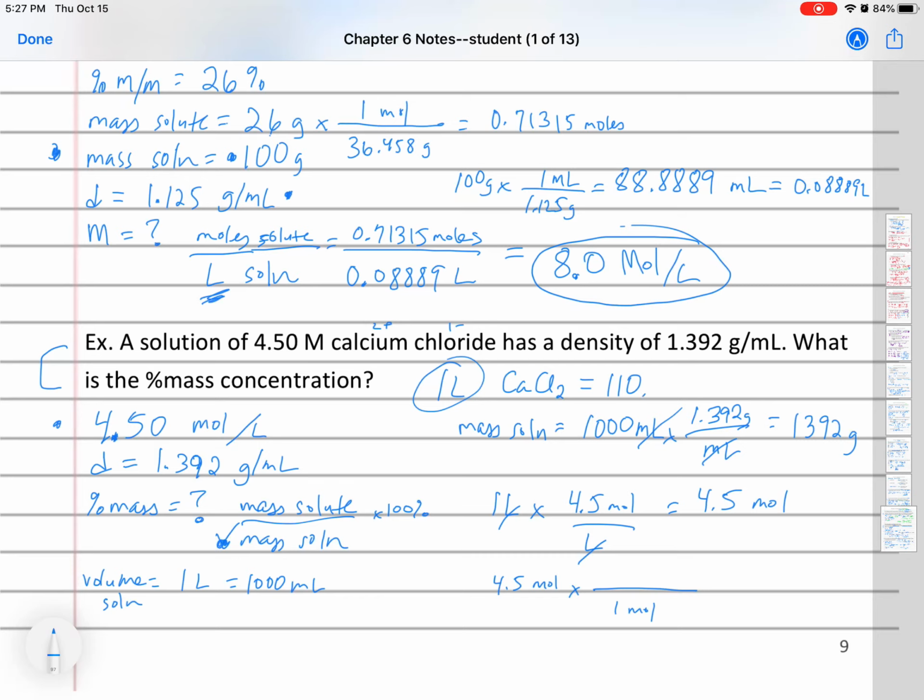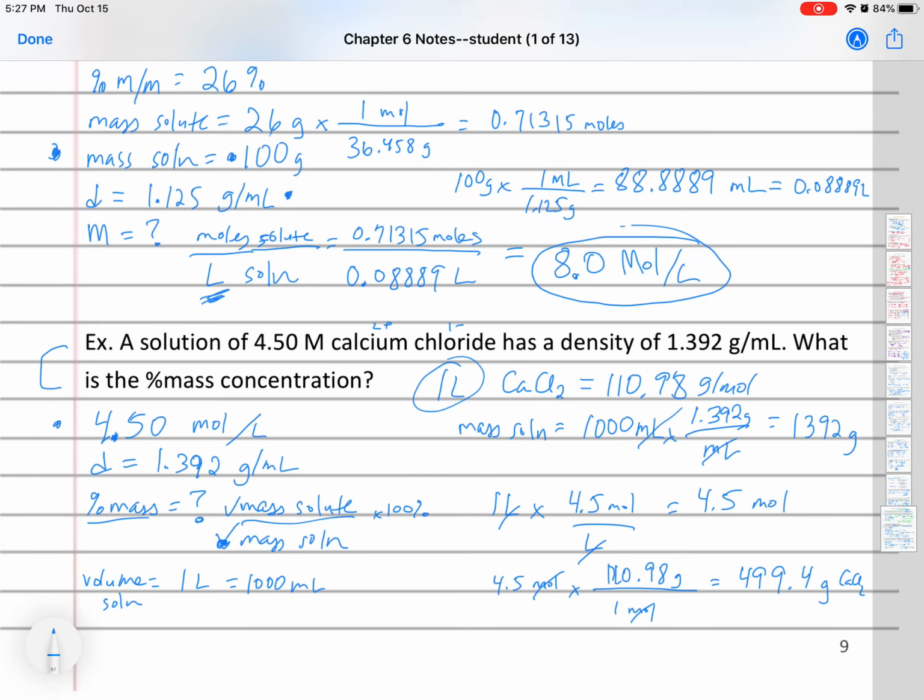So the molar mass of calcium chloride is 110.98 grams per mole. So 1 mole is 110.98 grams, times 4.5 moles. Our moles cancel out, and that means we have 499.4 grams of our solute calcium chloride.